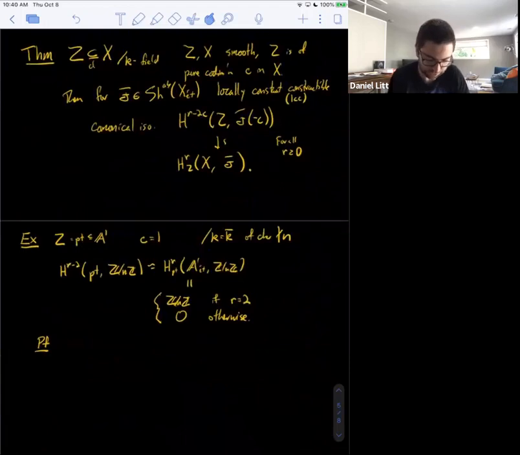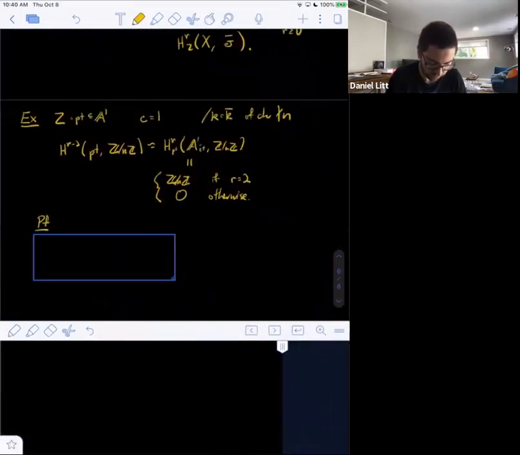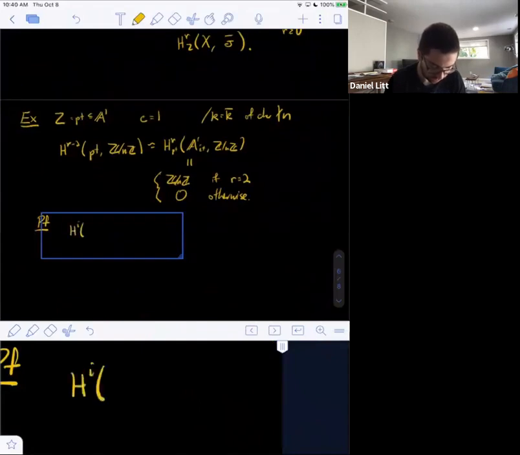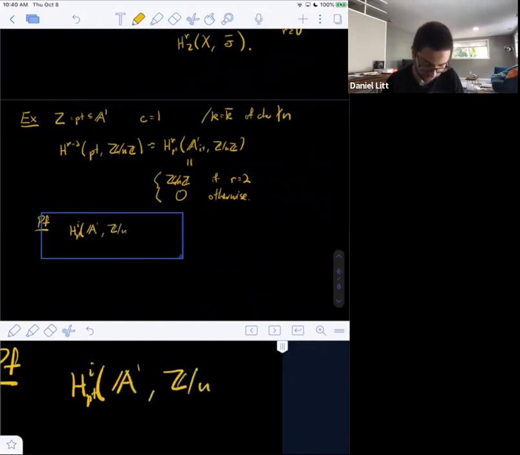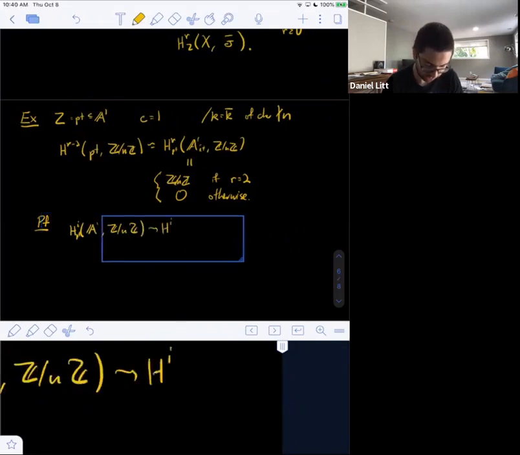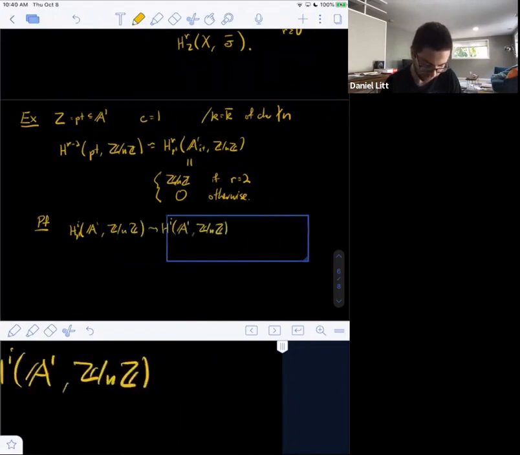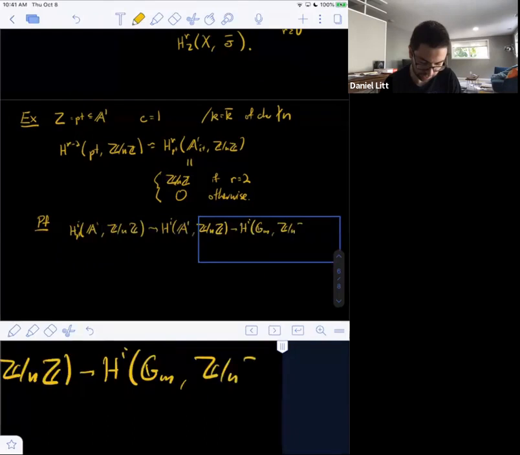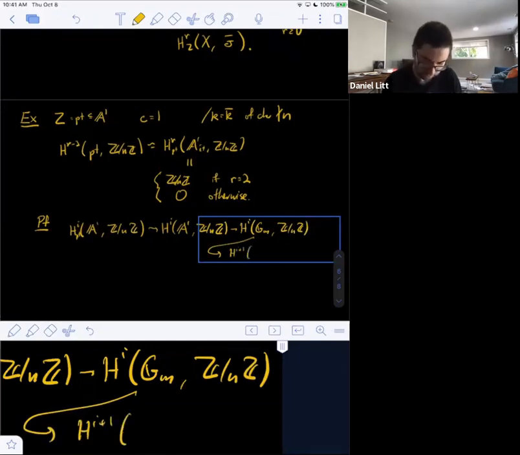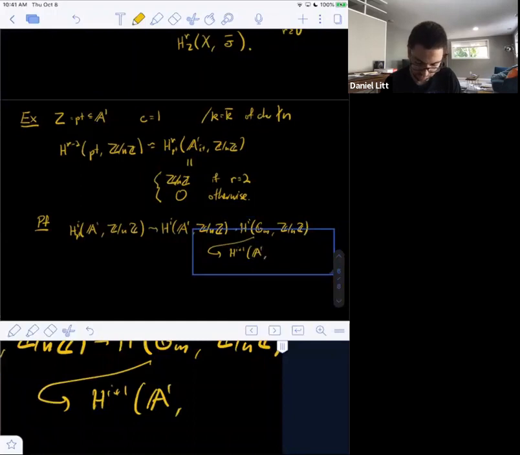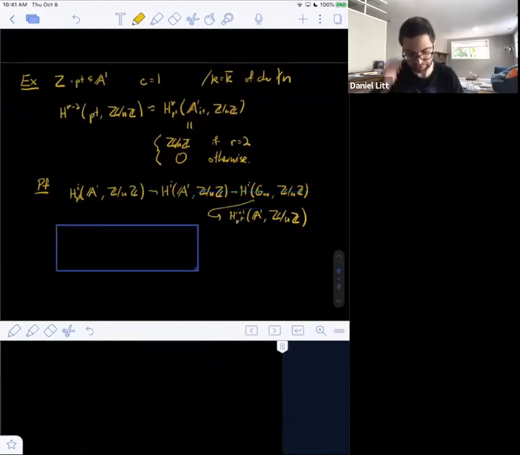So we get a long exact sequence, which goes from H^i supported at the point, of A1 with coefficients in Z mod nZ, which is the thing we're trying to compute, to H^i of A1 with coefficients in Z mod nZ, to H^i of the complement, that's G_m, with coefficients in Z mod nZ, and then that goes to H^(i+1) of A1 with coefficients in Z mod nZ, supported at the point.